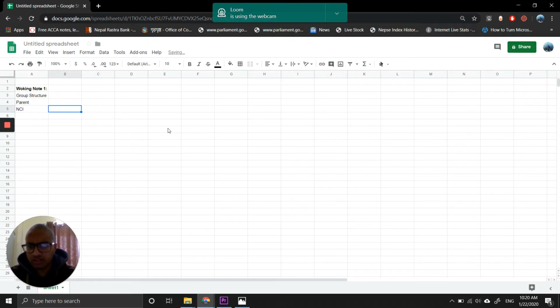How much does the parent hold? It is 16,000 out of 20,000, and then NCI holds 4,000 out of 20,000. So let's keep it in percentage so that it looks pretty similar.